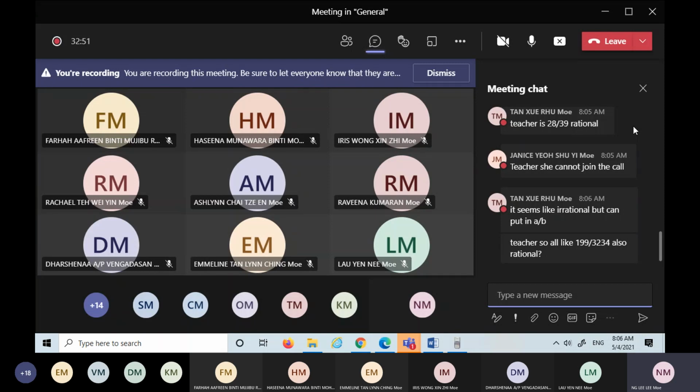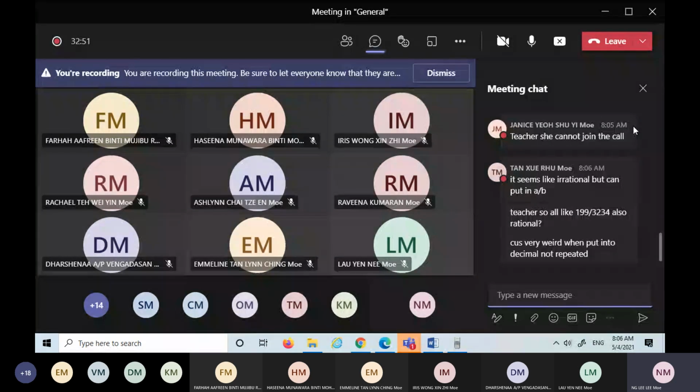Yes. Anything you can write as a fraction, where the denominator and numerator are both integers, is rational. When you put it in decimal, I'm not very sure whether it's repeated or not repeated, but once you can write it as a fraction, numerator and denominator both integers, conclude it is rational.